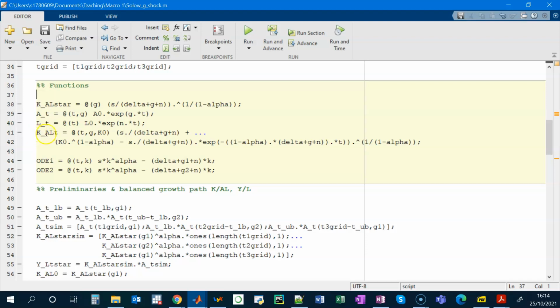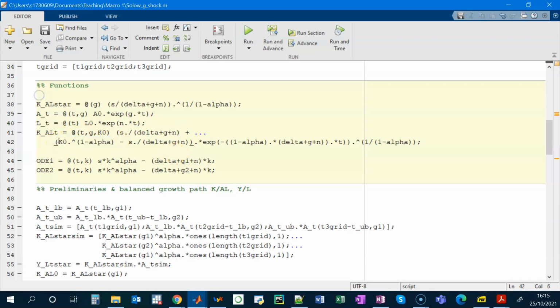And then lines 41 and 42 are the expression we derived in the previous video for capital per effective worker at every point in time. So this is a function of T over here. And you can see here we have the capital output ratio in the steady state.